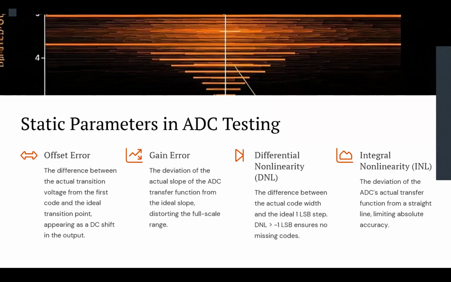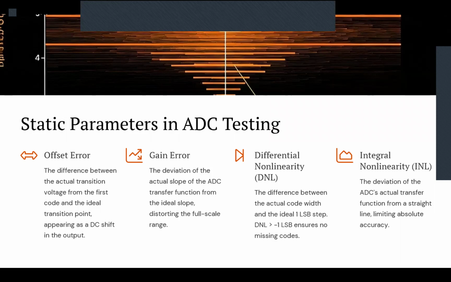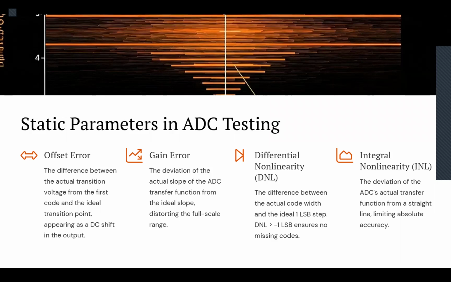Third parameter is differential nonlinearity, or DNL. The DNL measures the deviation of each actual code width from the ideal one LSB. LSB is short for least significant bit.